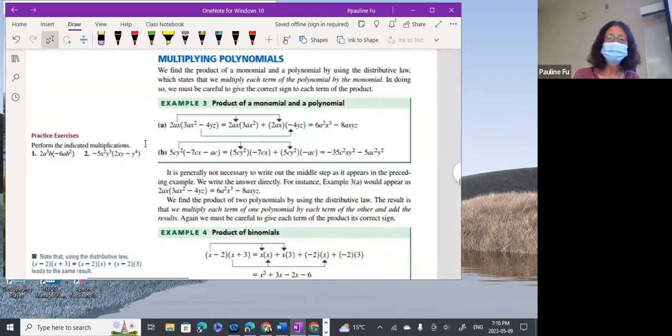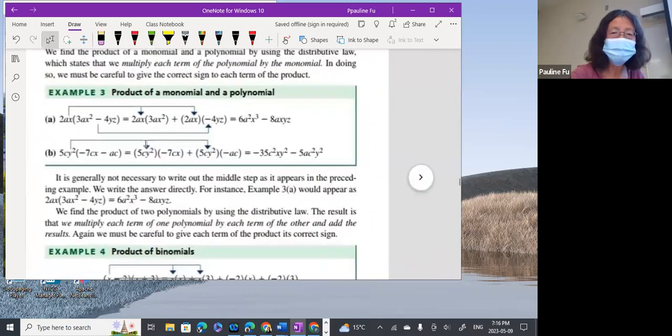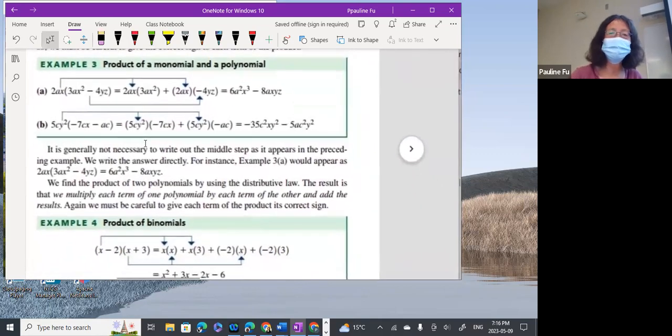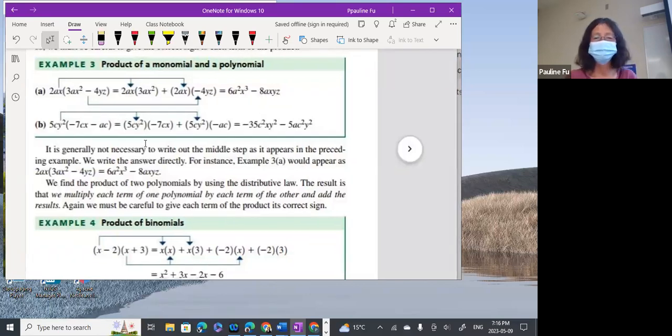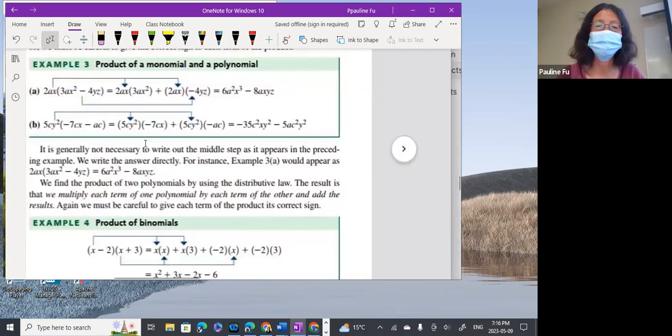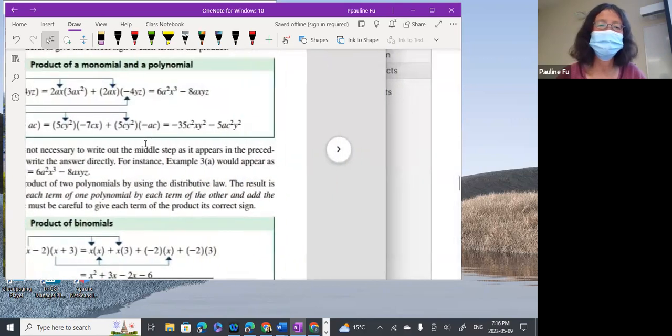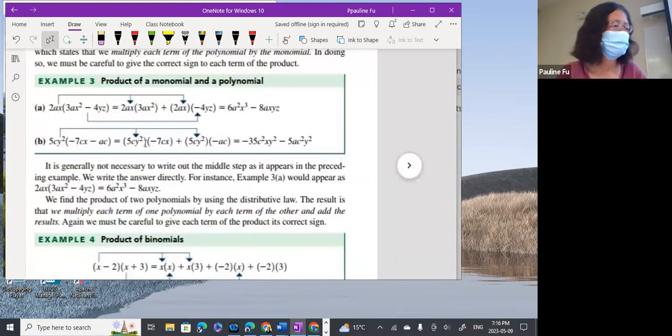So next one, this is from textbook example. Example 3, product of monomial and polynomial. So let's copy down, okay. I need a space. Let me see. Do I have space here? Okay.